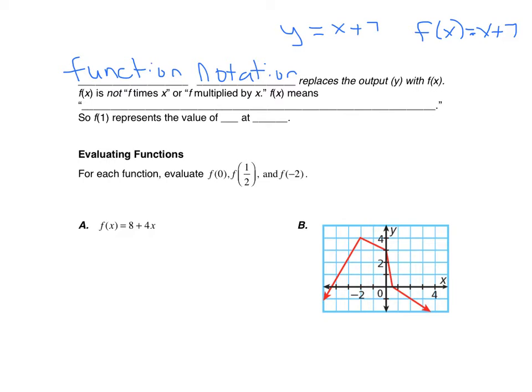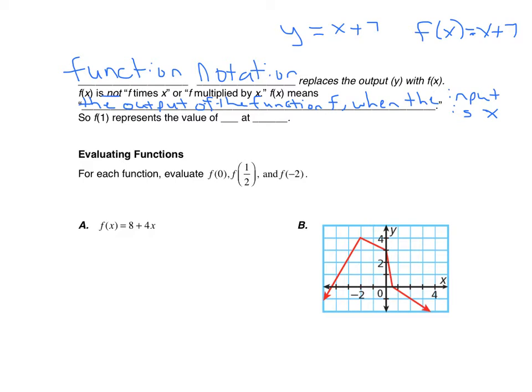F of x is not f times x or f multiplied by x. It's notation. So f of x means the output of the function f when the input is x.